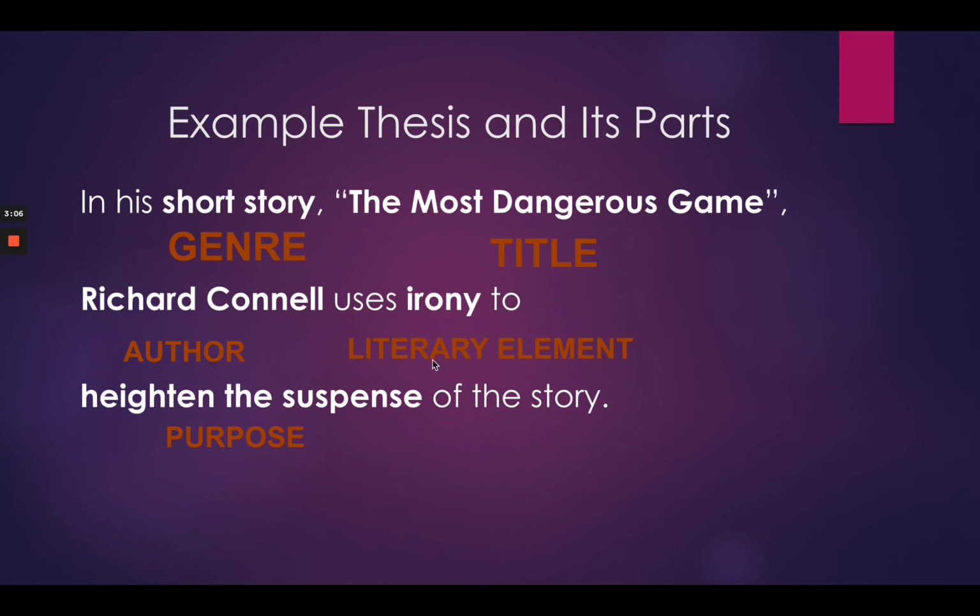So for these particular essays, you're either going to be using mood or you're going to be using characterization. And for your characterization, it's possible you may have found more direct or indirect characterization, which then you would need to actually identify even more. And our purpose is to heighten suspense of the story. So Richard Connell uses irony to heighten the suspense of the story.